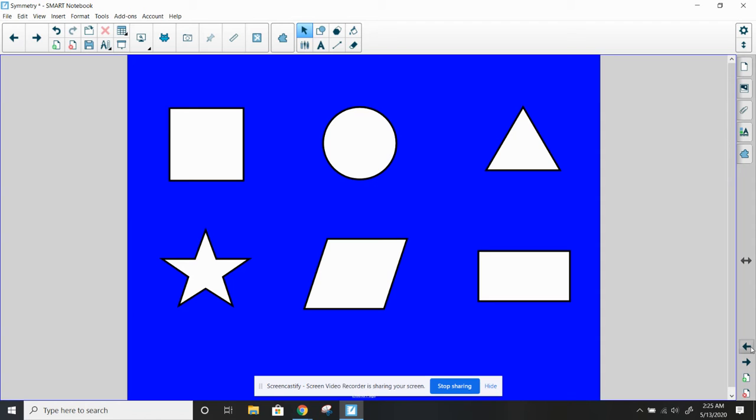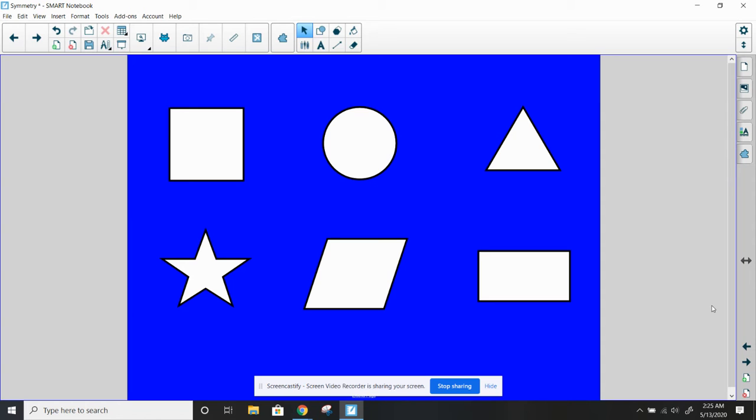Okay. When we talk about lines of symmetry, that means that we can put a line on a shape and fold that shape in half on that line so that we get two exact matching congruent figures, right? And on each of these shapes that I have here on this screen, we're going to look at lines of symmetry and how many lines of symmetry a shape can actually have, because a shape can have one line of symmetry, or it can have many lines of symmetry, or it can have no lines of symmetry.